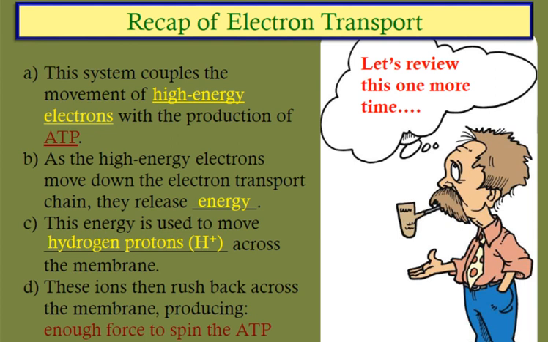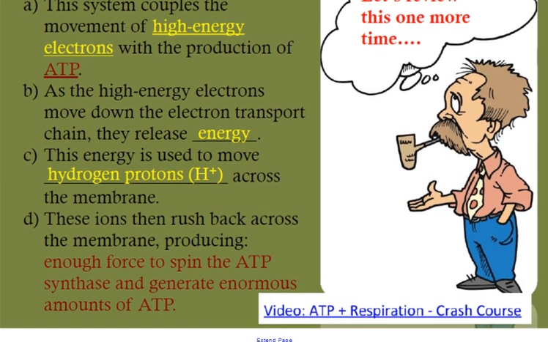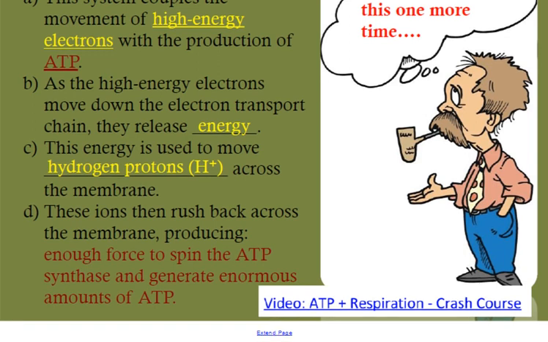So real quick, the movement of high energy electrons allows for the production of ATP. As the electrons move down the chain, think of it as a race with different checkpoints and a finish line. Energy is released because movement of electrons creates a current. That current is harnessed to move your H plus ions across the membrane. This is active transport.